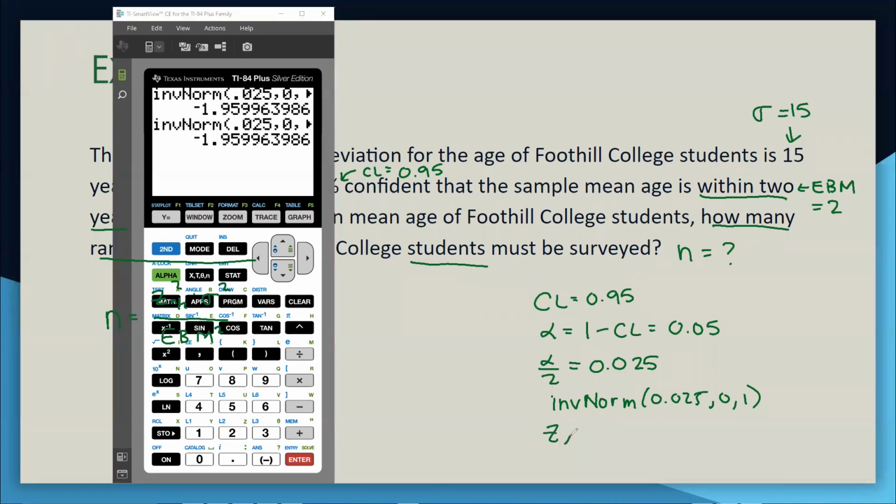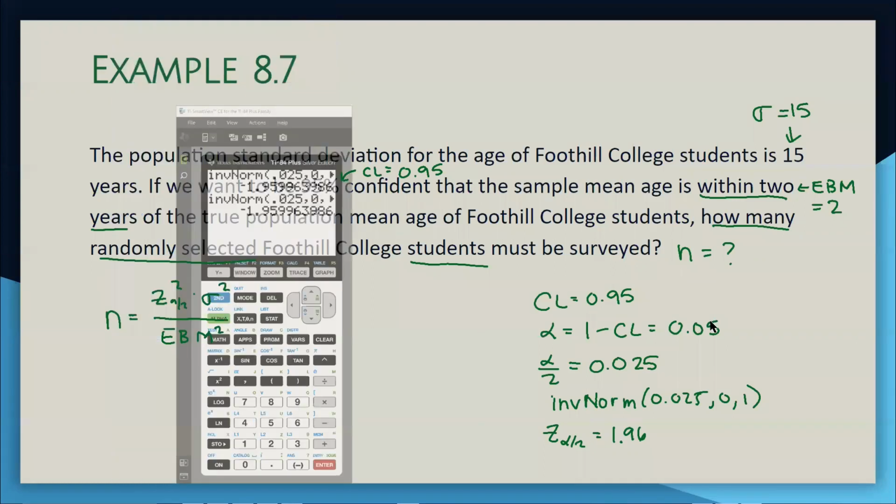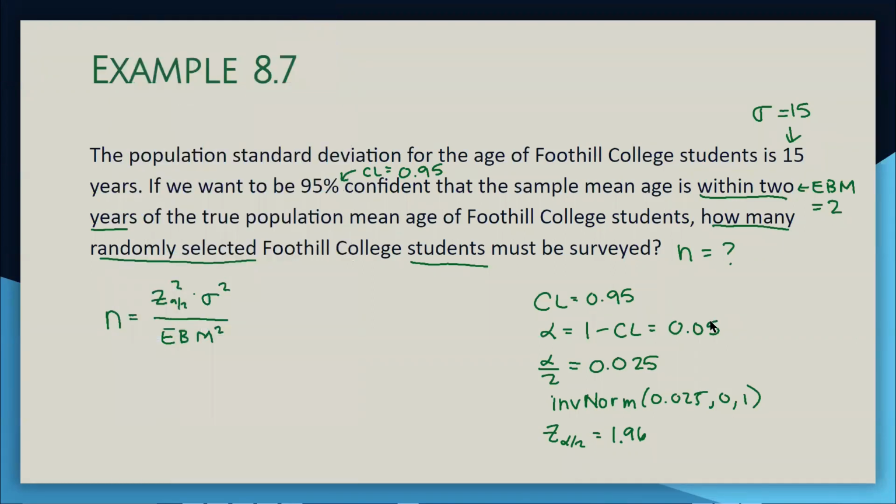So we know that z alpha over 2 is 1.96. So let's go ahead and plug those values into this formula. So on our calculator, we know we're going to want to do 1.96 squared times 15 squared divided by 2 squared.